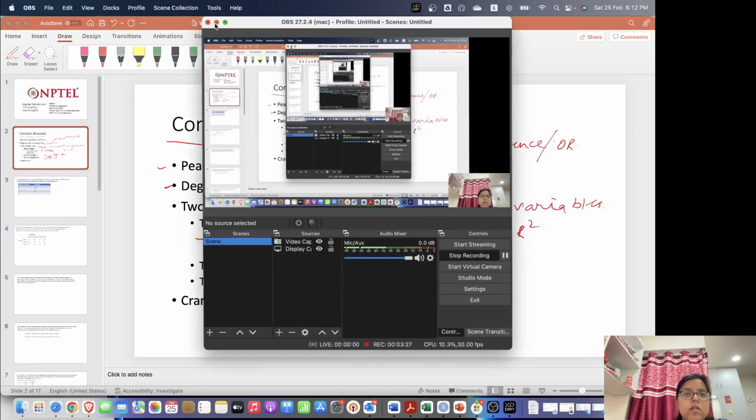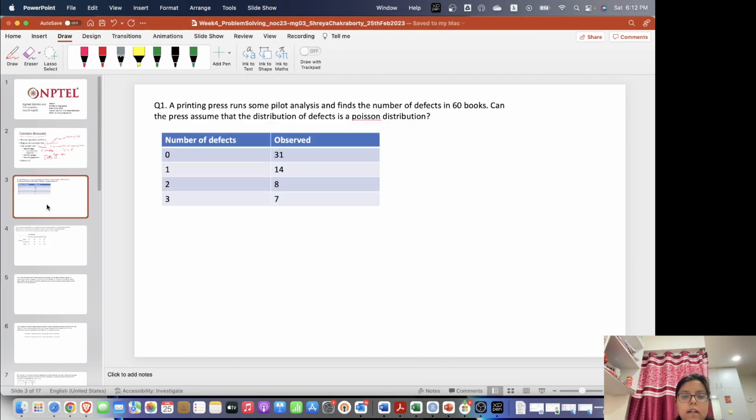Okay, so I'll just start. Let's say we have this question. It is given that a printing press runs some sort of pilot analysis and finds that there are a few defects in printing.